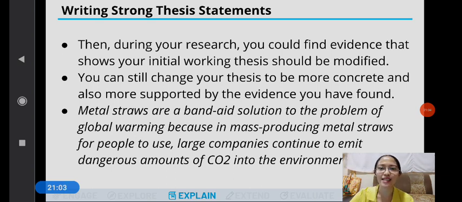Now, let's read the improved thesis statement: metal straws are a band-aid solution to the problem of global warming because in mass producing metal straws for people to use, large companies continue to emit dangerous amounts of carbon dioxide into the environment. It has elaborate details and additional information on your stand or your claim.